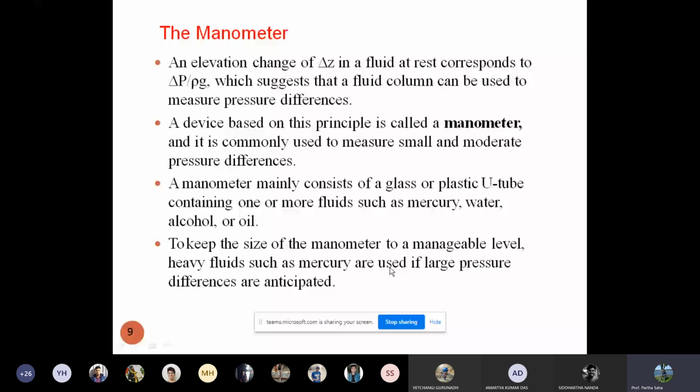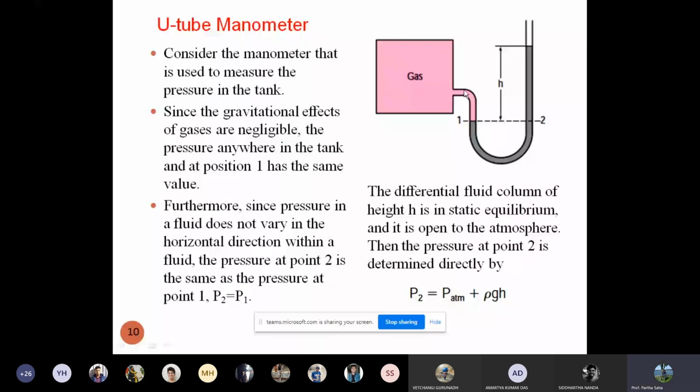This is the manometer. Here, on one side the gas is filled up, and on the other side you see the liquid is filled up, which is heavier than the gas. So the liquid rises to a certain height, okay, due to the gas pressure. Since the gravitational effect of gases is neglected, the pressure anywhere in the tank and at position 1 is the same.